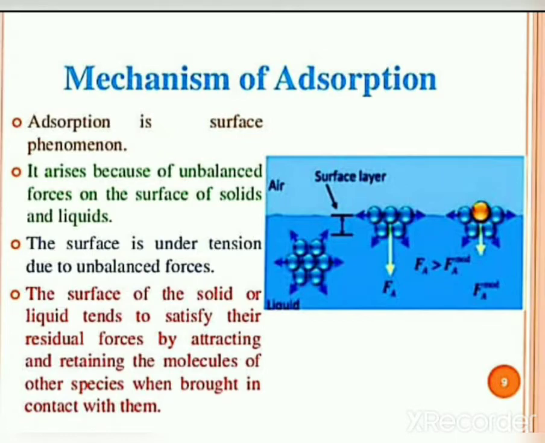Another example is that air contains moisture in it. This moisture present in the air can be removed with the help of silica gel. Silica gel is the adsorbent and moisture is the adsorbate.